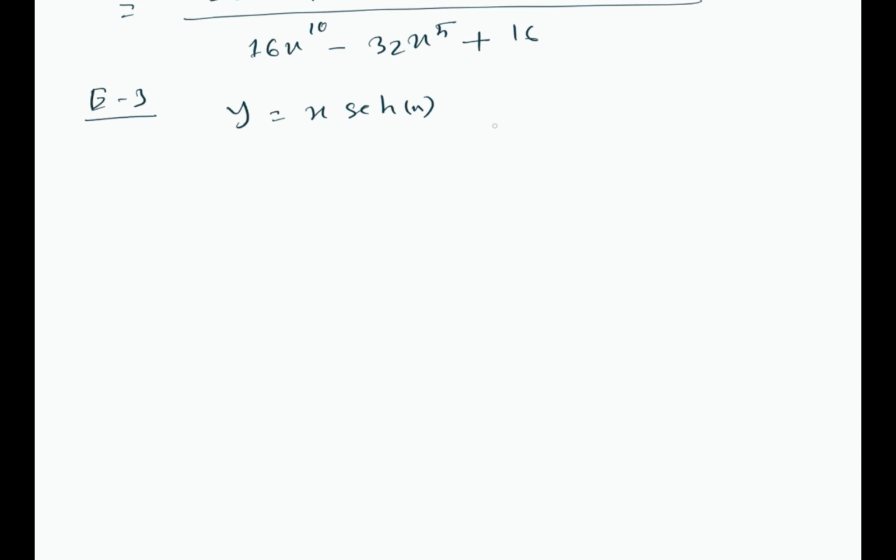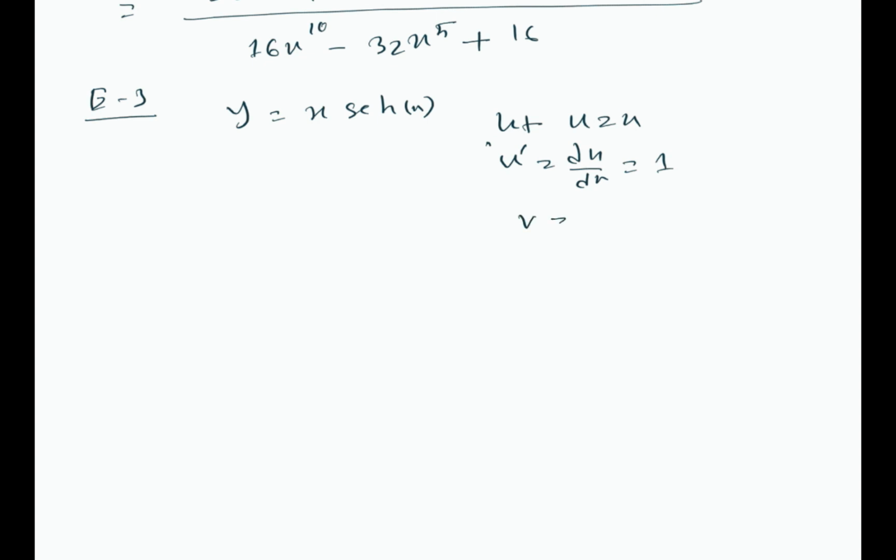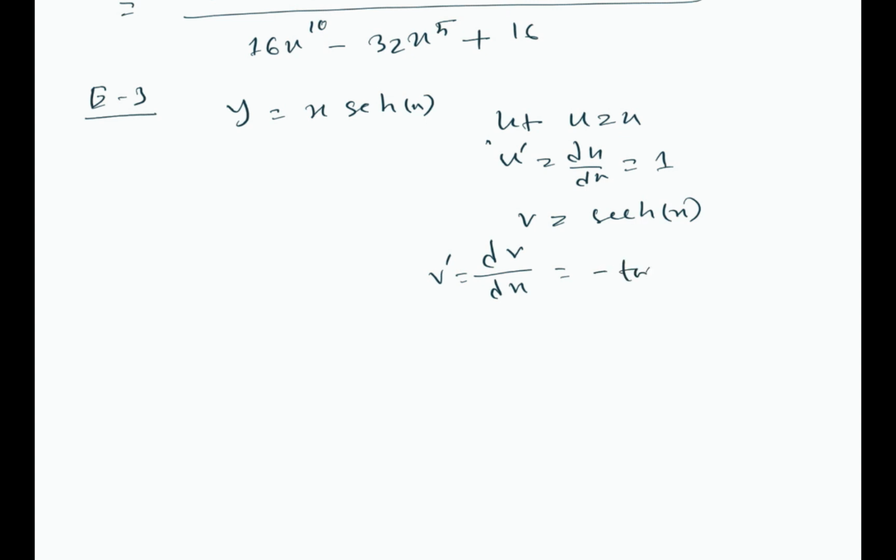So let our u is equal to x, right, and u prime or du dx is equal to 1, right, and our b is equal to hyperbolic sec of x, and derivative of this function, db dx or b prime, is equal to minus hyperbolic tan of x times hyperbolic sec of x.